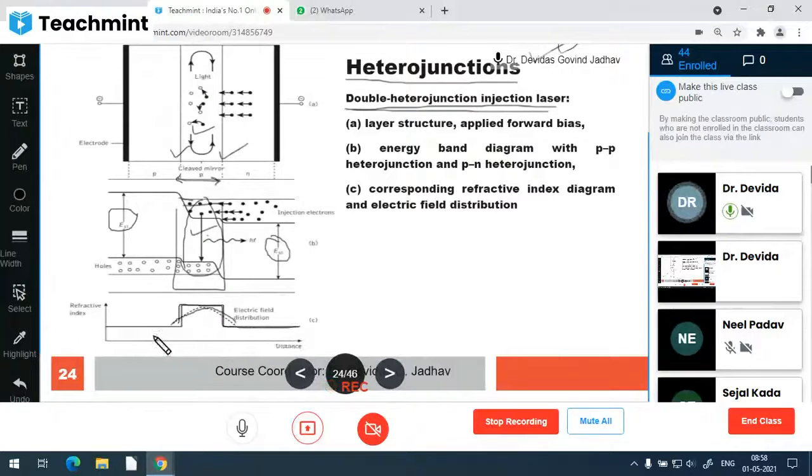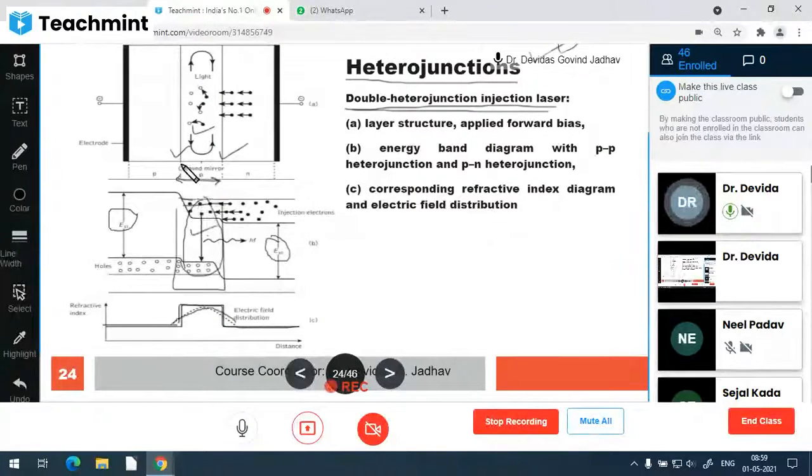The N region on one side and the P region on the other side have refractive indices lower than the central P region. That makes an optical-fiber-like condition, and the P region only contains the photons; the generated photons are not allowed to go into the other regions.